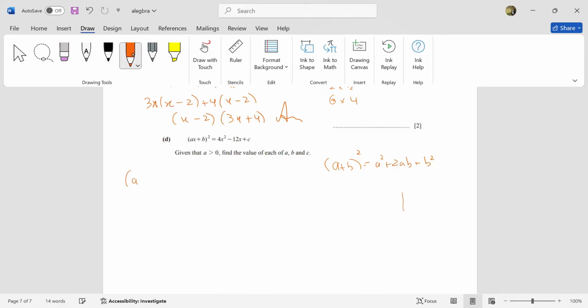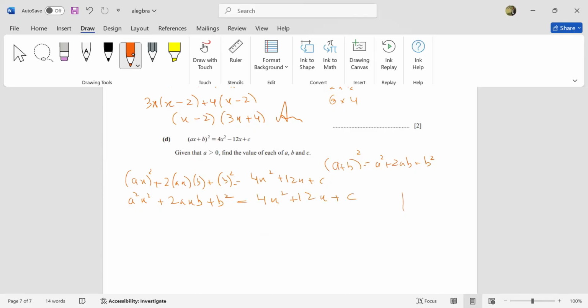Here a is ax. So (ax) squared plus 2 times ax times b plus b squared. Okay, 4x squared plus 12x plus c. Opening up the bracket, it becomes a squared x squared plus 2axb plus b squared is equal to 4x squared plus 12x plus c.